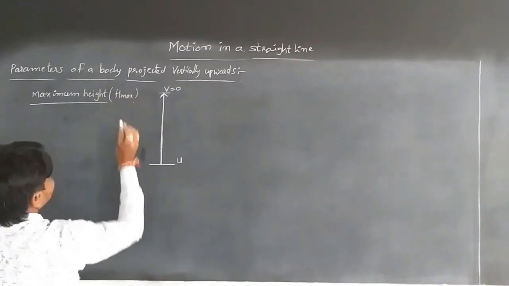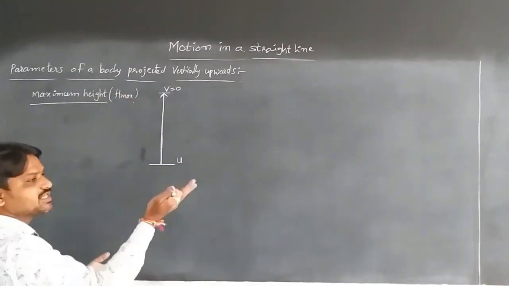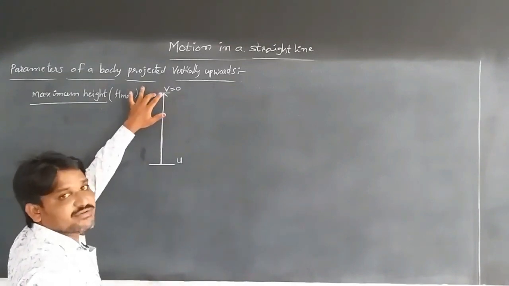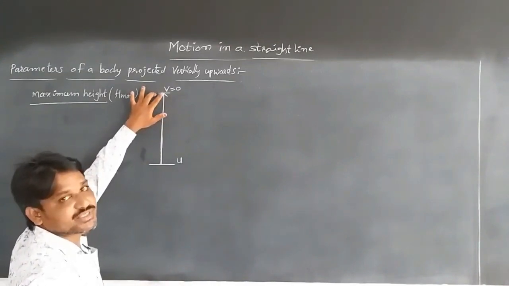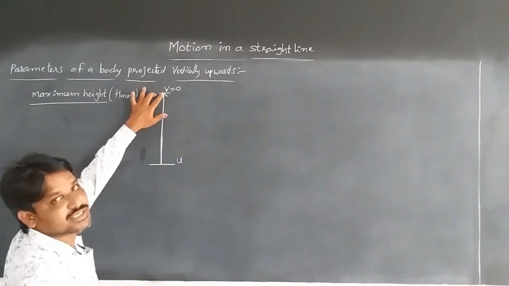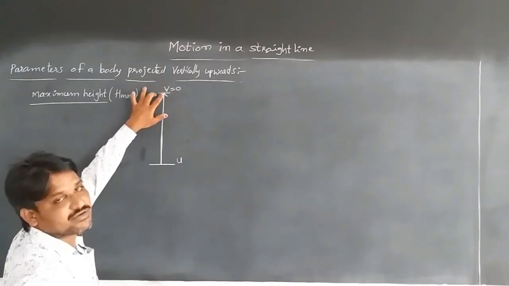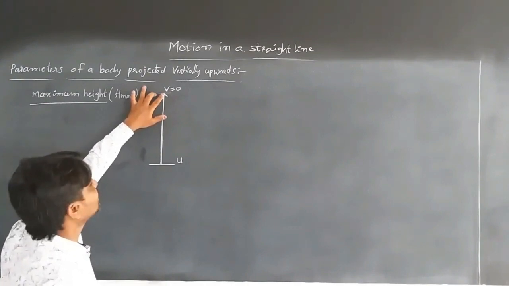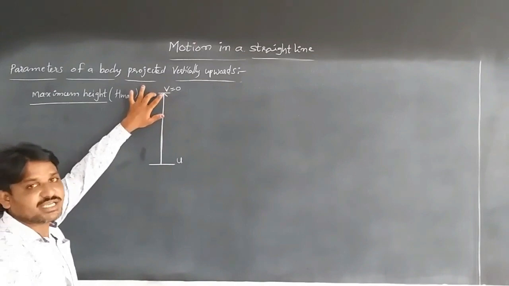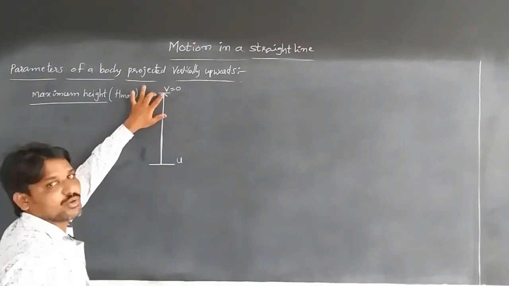H maximum is the height at which a vertically projected body's velocity momentarily becomes 0.